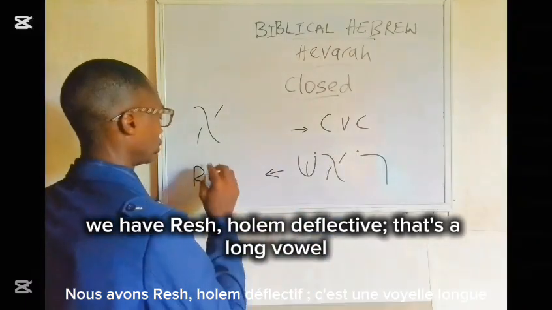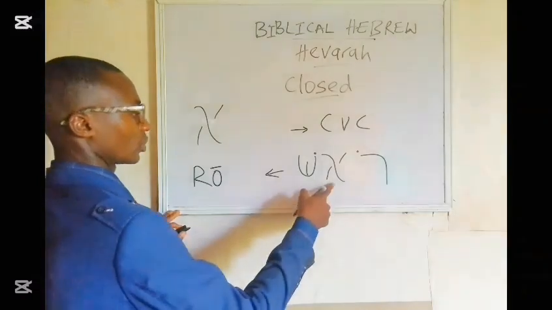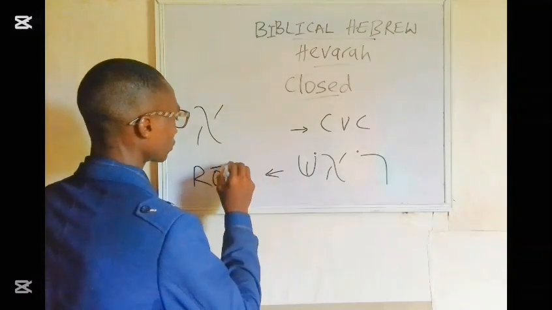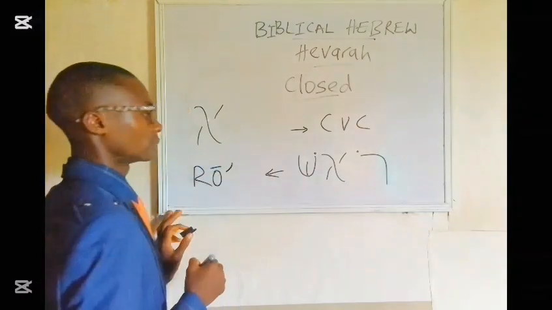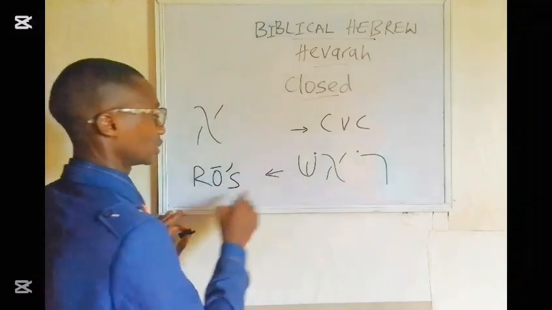We have the infinitive, a long word. We have Aleph, then we have Shin.